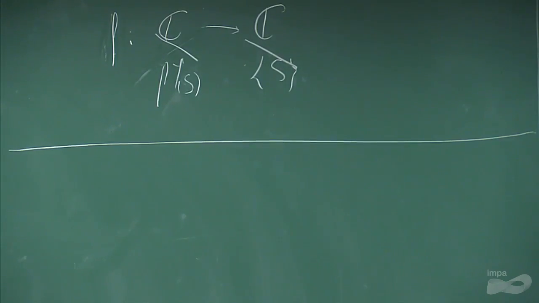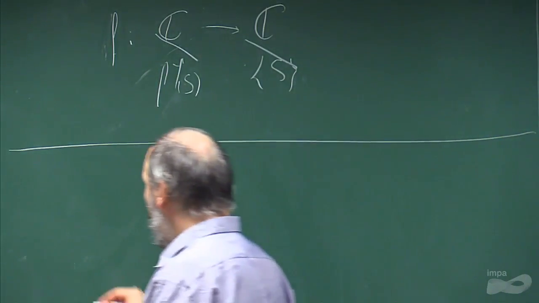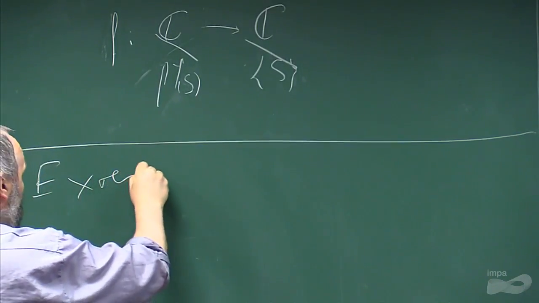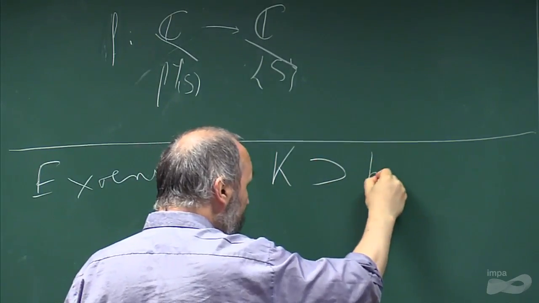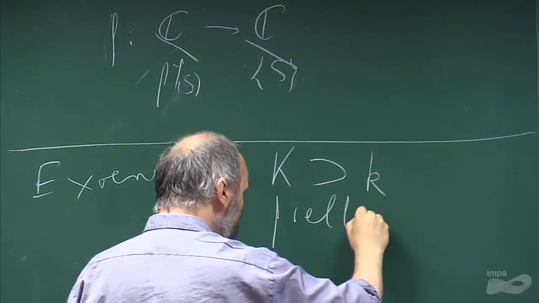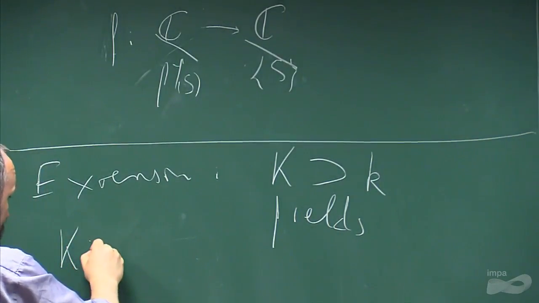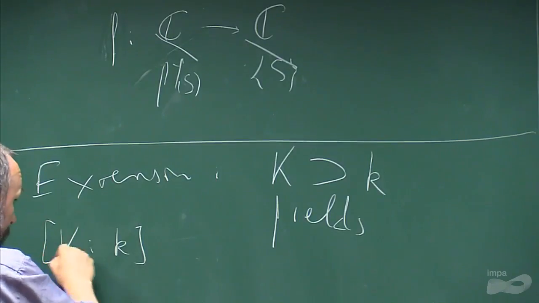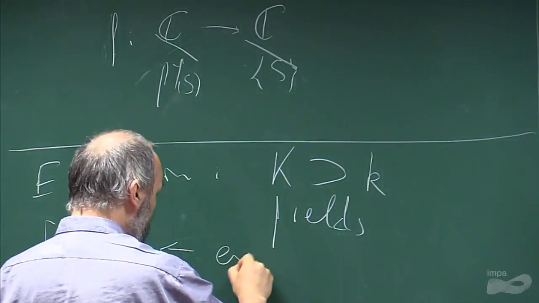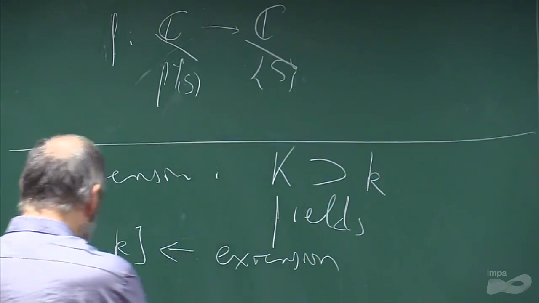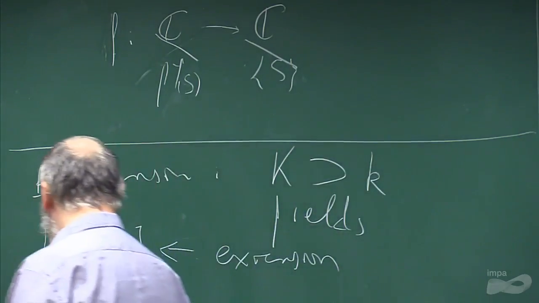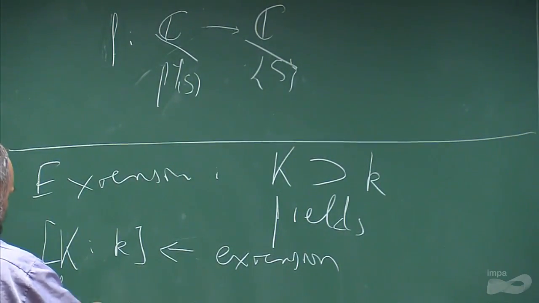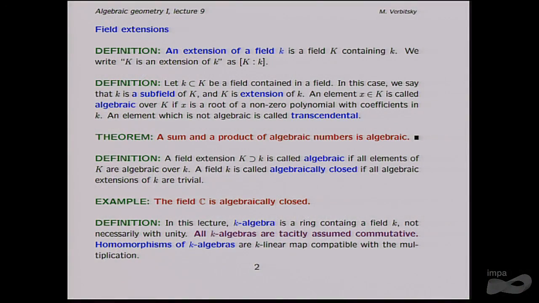Okay, so there are these basics which we have already done, extensions. If you have a field and a subfield, it's convenient to denote this, as people do in number theory, in Galois theory, an extension. So you have a bigger field and a smaller field, and the bigger field is a vector space over the smaller field, and it's finite if K big is finite-dimensional over K small.